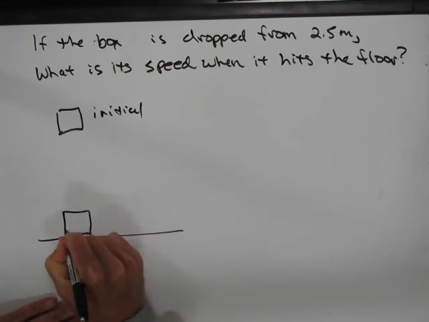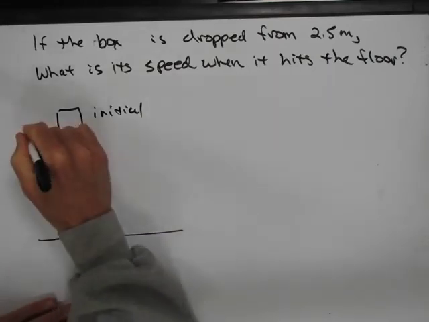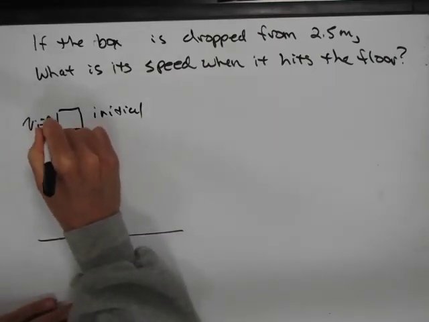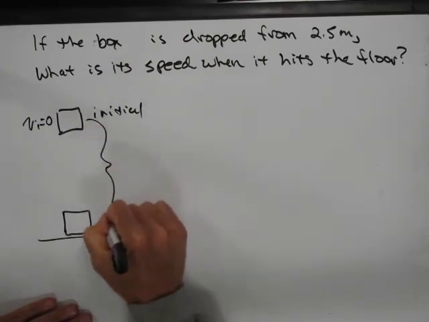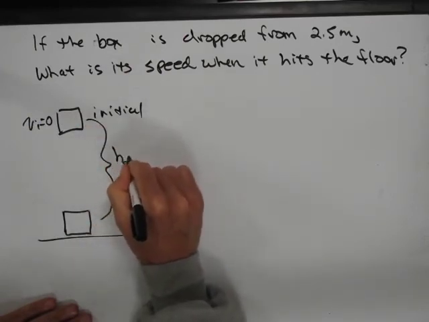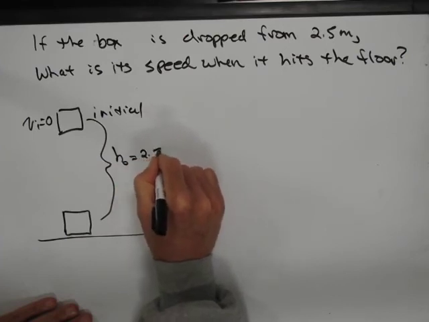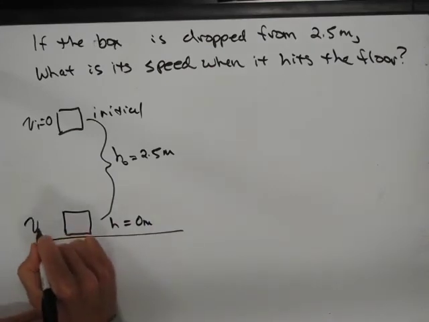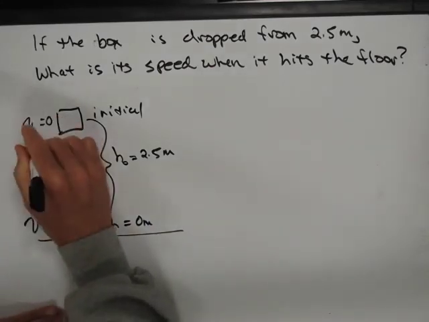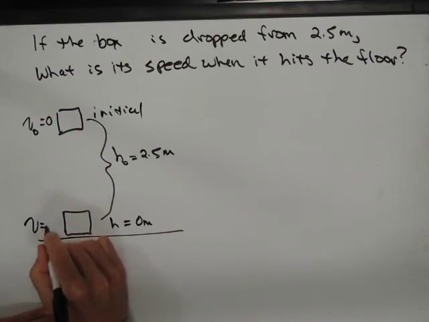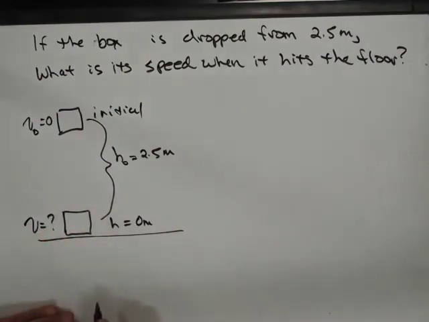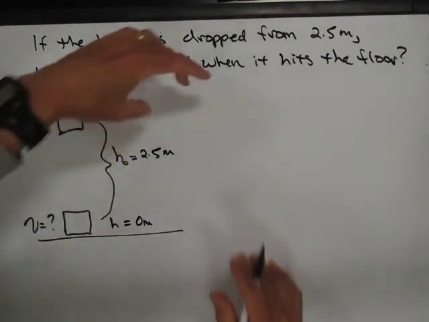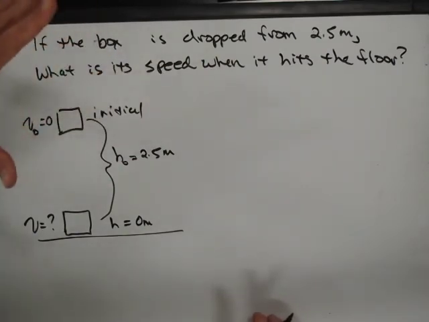It's right before it hits, right? And so I can say, look, V initial is equal to 0, and H naught is equal to 2.5 meters. H is equal to 0 meters, right? That's right before it hits the ground. V final, so I'm going to call this guy V naught, and V is equal to question mark. Right? All I've done is I've held the box up here, and I've released it.